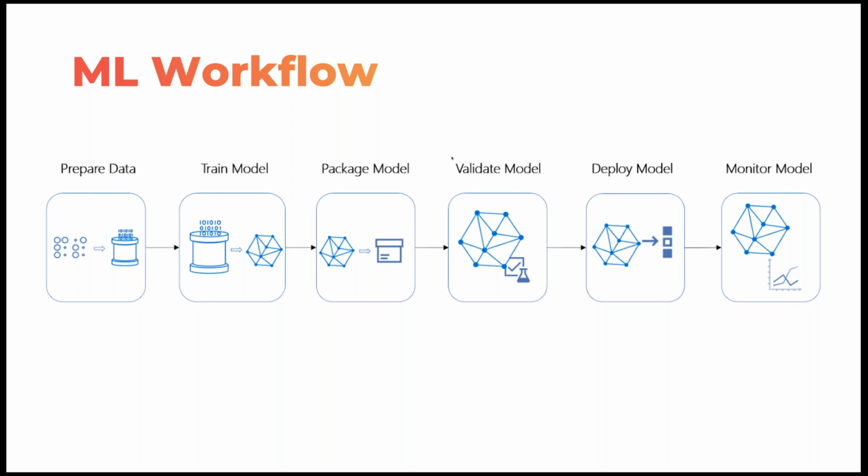So these phases are completely independent and they need to be treated independently. For example, the data preparation in itself could be a massive exercise. You could get 1 terabyte of a data set, and to effectively prepare the data, clean the data, and normalize the data, you need a Hadoop cluster or an Apache Spark cluster.